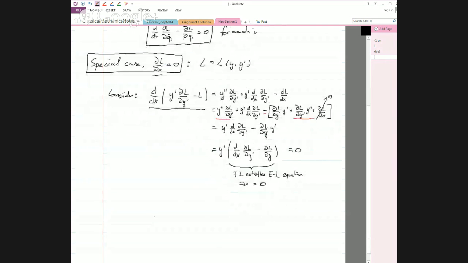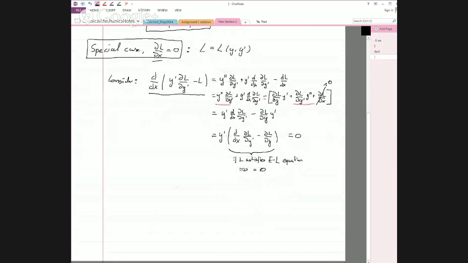Well, why is it interesting if this thing is equal to 0? This is the total derivative with respect to x of some function, right? The function being y prime ∂L/∂y prime minus L. So if the derivative with respect to x of some function equals 0, it means that that function equals a constant, right? And so, of course, that's the key result here.